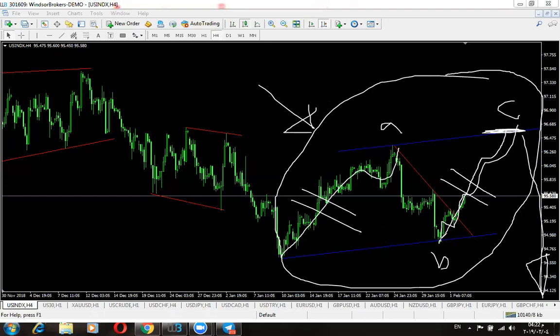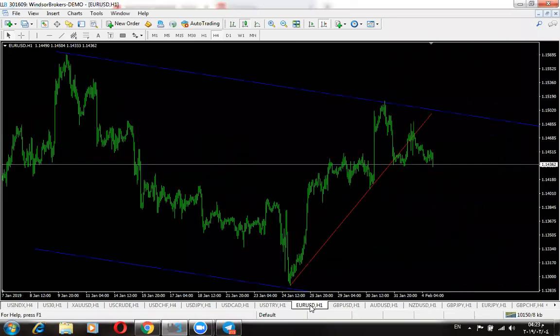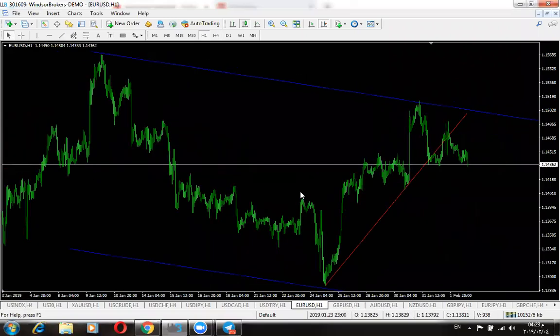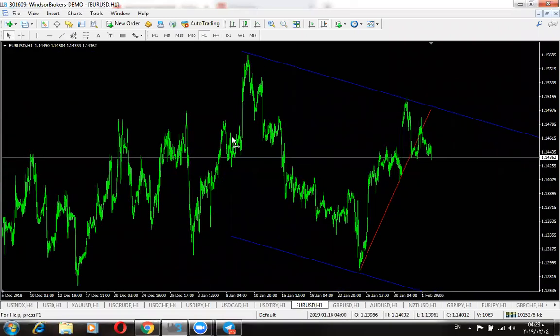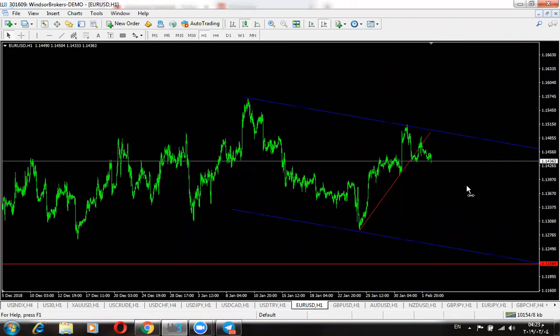No running flat, neither expanded flat should be seen at this area. So we buy the dollar index very carefully at this area. That's all about the dollar index. We go to the euro. The same thing, but in the opposite direction.